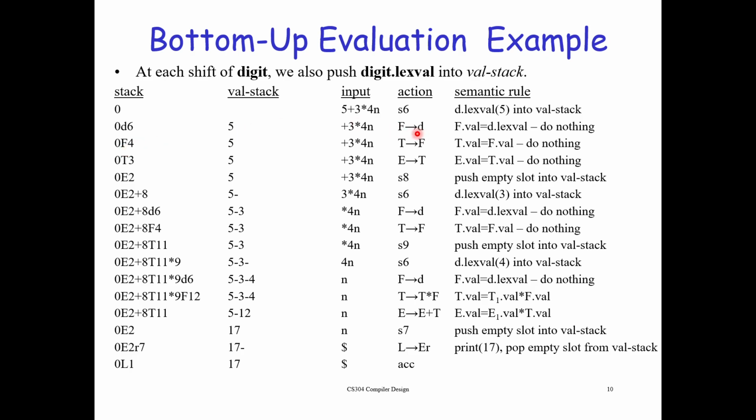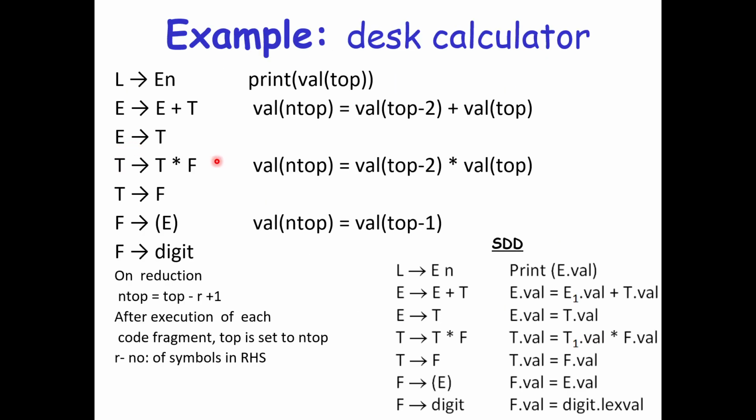Then F will be pushed onto the stack. Then 0 under F, you have to observe the goto part of the parsing table, and we see a 4 there. So we push that 4 onto the stack. The value part of the stack is still having the 5, because the val attribute corresponds to F gives digit only. That is what is seen, F.val.